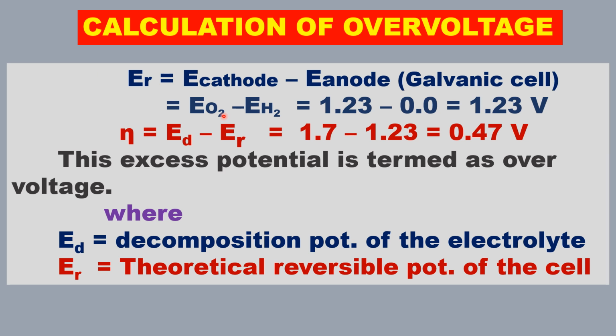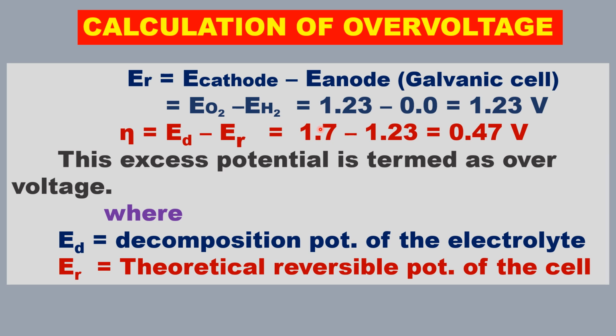This 1.23 is the standard e.m.f. of the oxygen gas electrode, and for the hydrogen standard electrode it is 0.00 volt, you know that. Let us substitute in the over voltage expression, eta equals Ed minus Er.